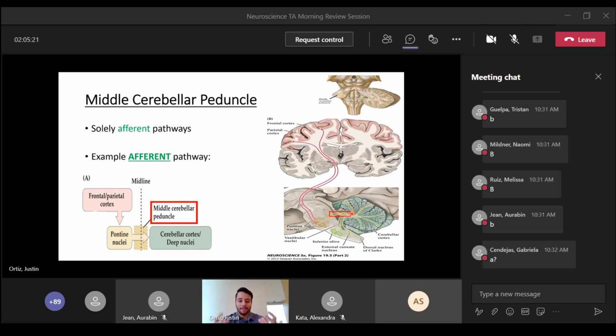So again, solely afferent. These are afferent signals sent down, and eventually the cerebellum modifies them. I'll show you the pathways of how the cerebellum modifies signals. So that's the middle cerebellar peduncle. Just think: pontine nuclei, ginormous, making up these afferent axons.